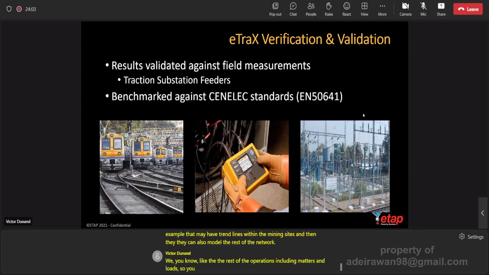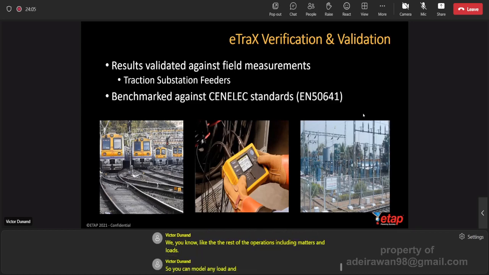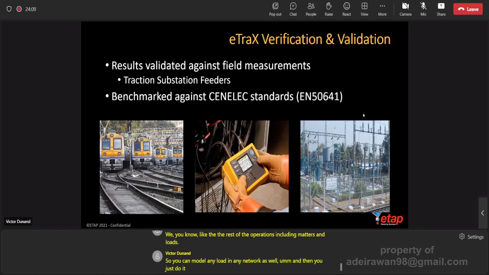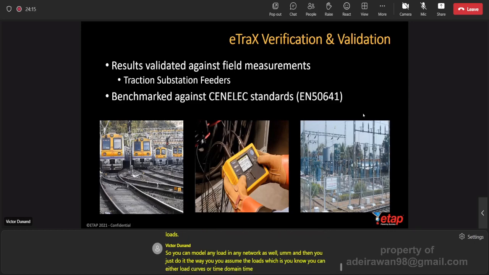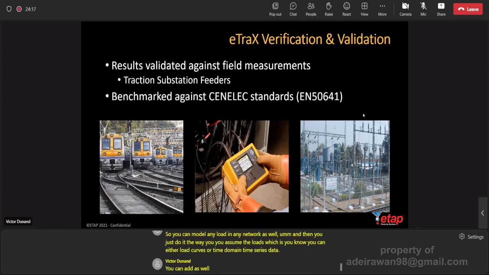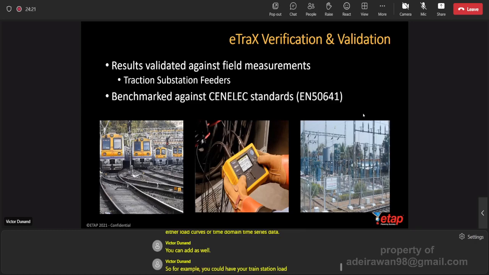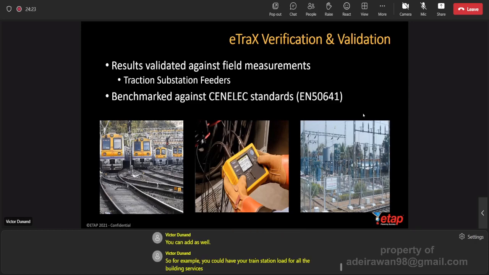So you can model any load on any network as well. And then you just do it the way you'd assume the loads, which is, you can either have load curves or time series data you can add as well. So, for example, you could have your train station load for all the building services.